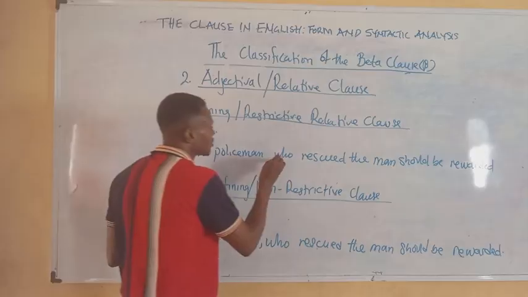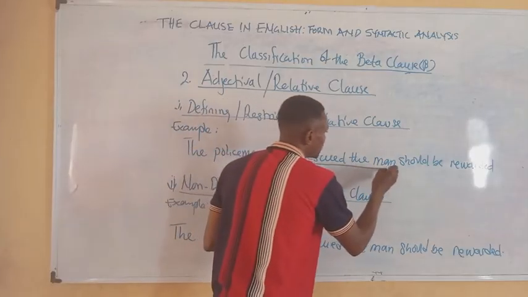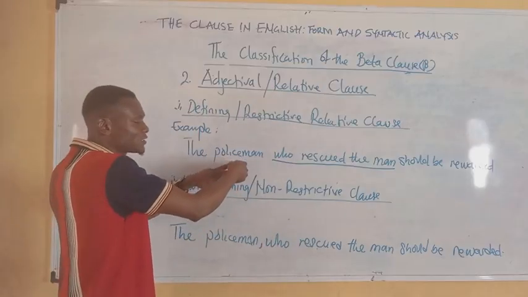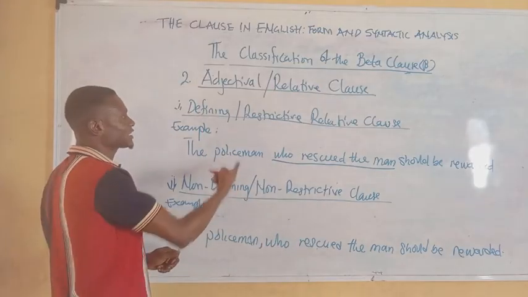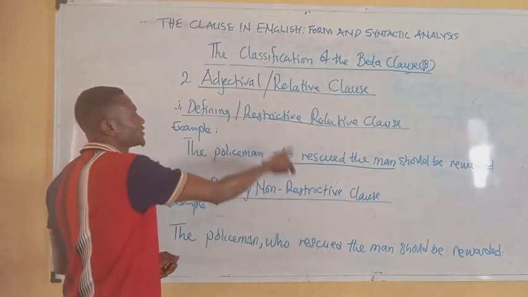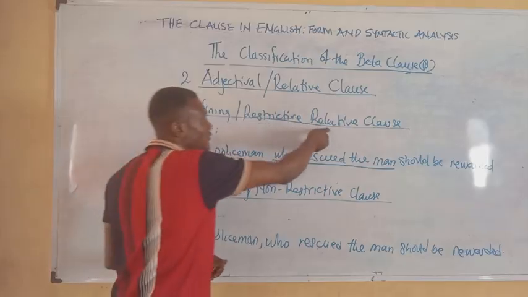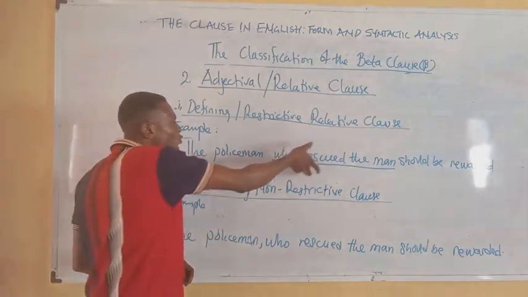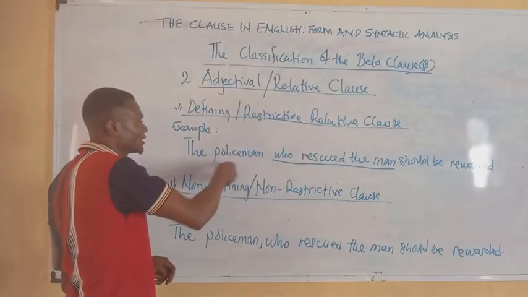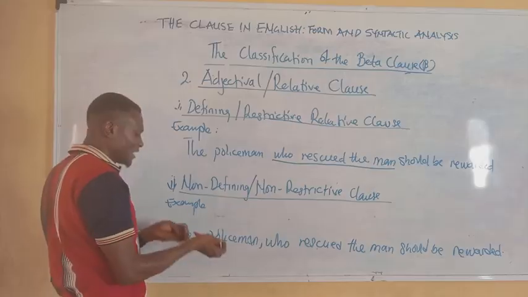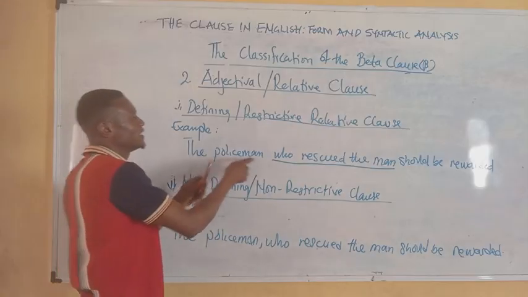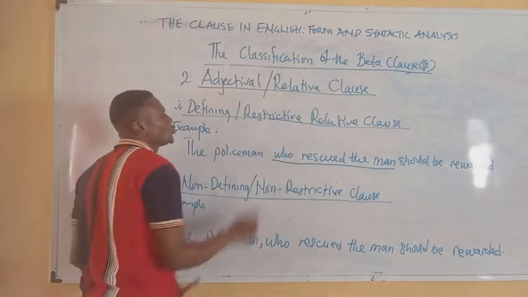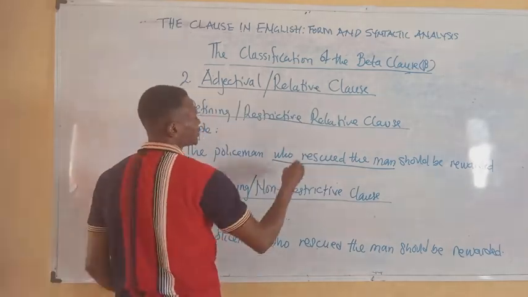So who rescued the man is talking about the policeman here. Can you see it? We can remove this and still have our statement, as in the policeman should be rewarded. Let's do the analysis.